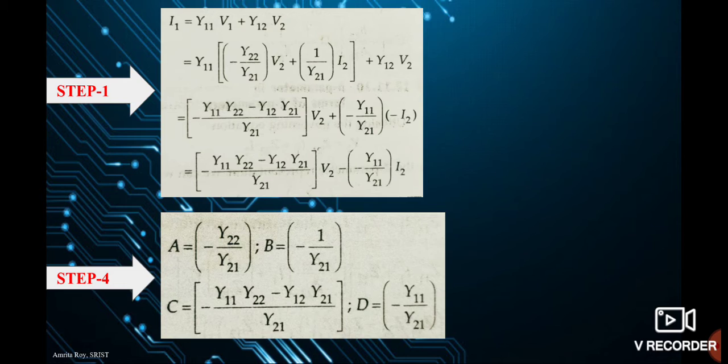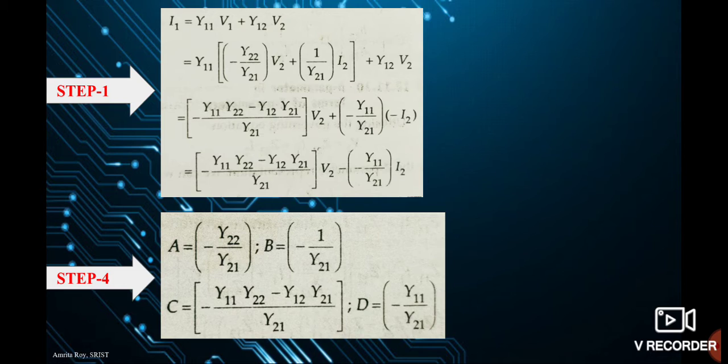So I1 will be written as Y11 into V1 plus Y12 into V2. Similarly, by substituting the value of V1 we will get Y11 into minus Y22 divided by Y21 into V2 plus 1 divided by Y21 into I2 plus Y12 into V2.